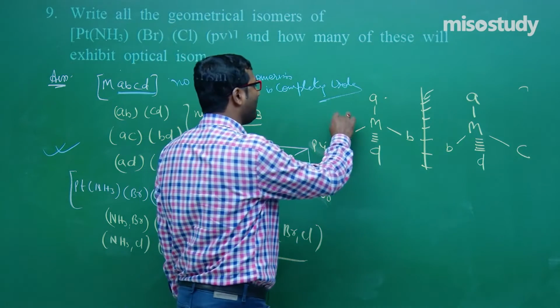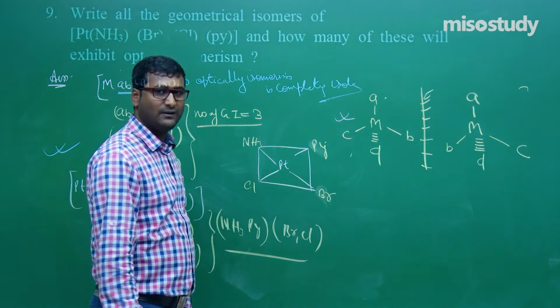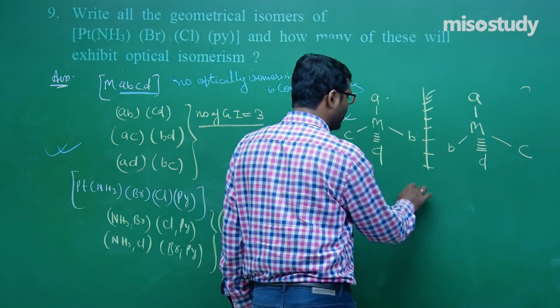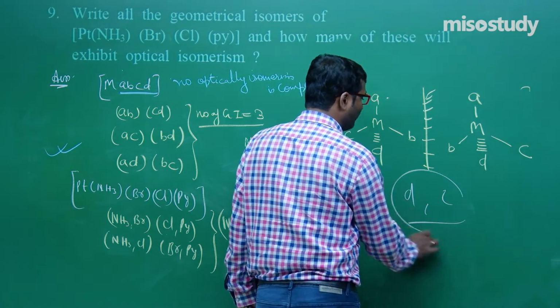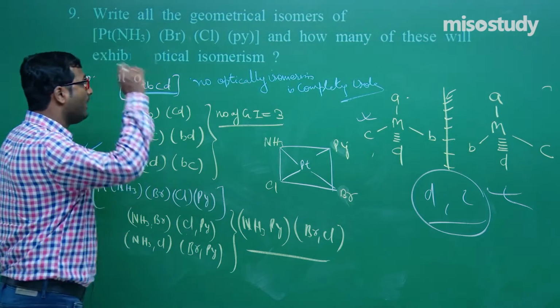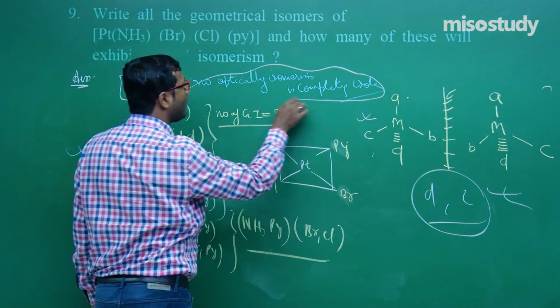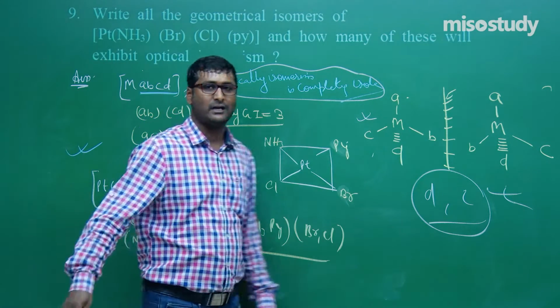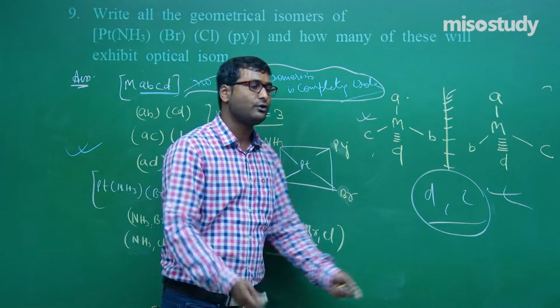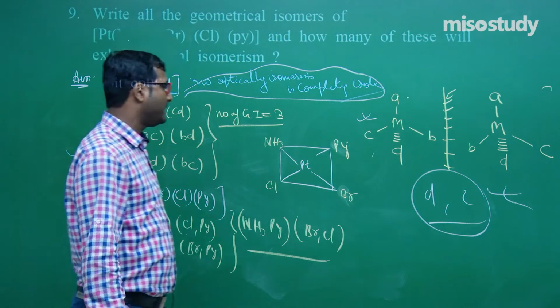So, by theory, it can show optical activity. The total possible isomers are the D form and the L form. But again I am repeating, till now no optical isomerism has been isolated practically. But according to your book, there is a possibility. Clear, my friend? This is the complete explanation.